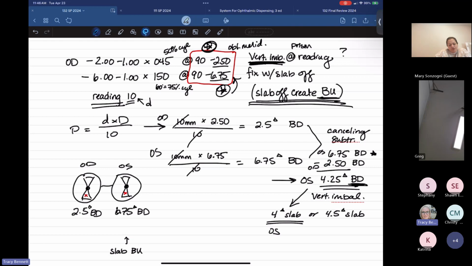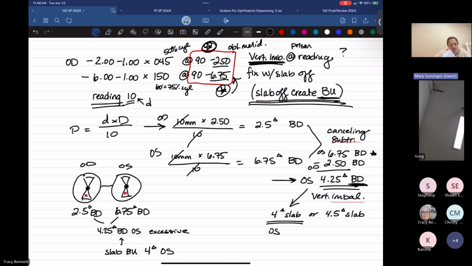So when we subtract the two from each other, we come up with that 4.25 base down in the OS that was excessive, if you will. And it was base down. So if the slab off creates base up, then we would use it in the OS. So we would slab off base up 4 diopters in the OS.